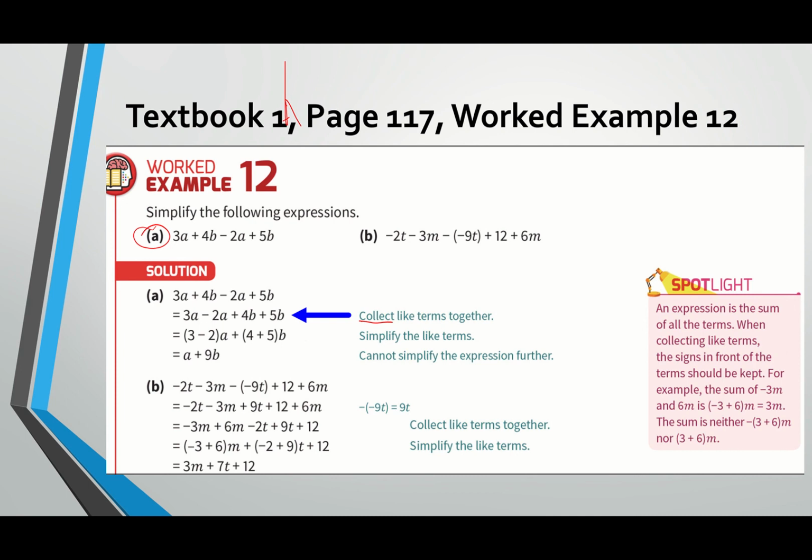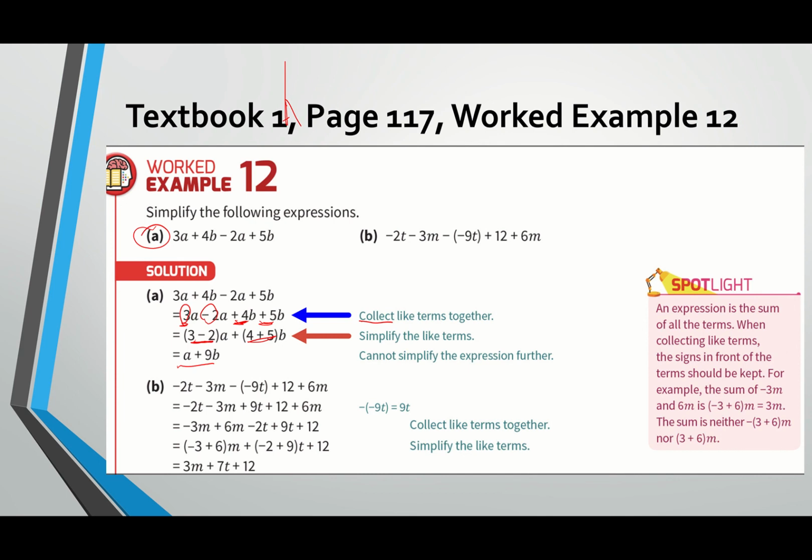Again, we simplify the like terms by looking at the coefficients. We have 3 here and negative 2 here, so 3 minus 2. And we have positive 4 and positive 5, so it's 4 plus 5. Once we simplify, 3 minus 2 is 1, so we get 1a. When we have 1a, we don't write the 1; the 1 becomes invisible, and it is only a. 4 plus 5 is 9, so we get 9b.